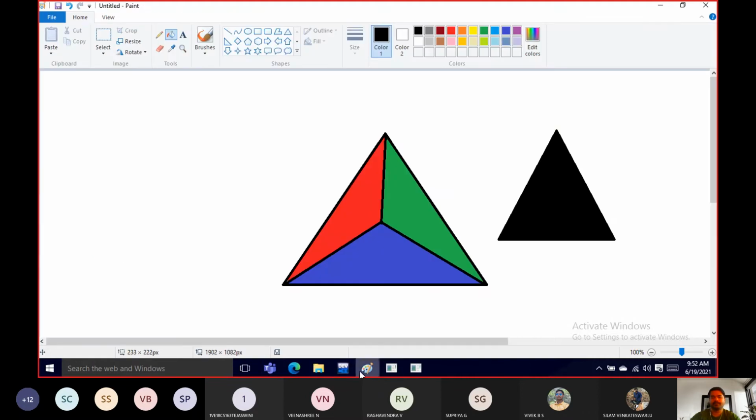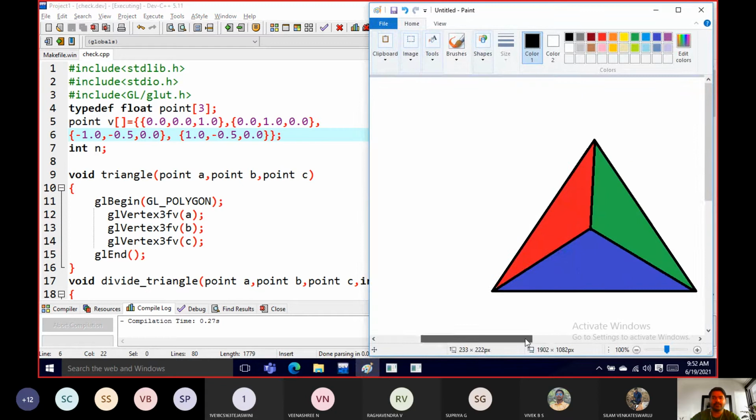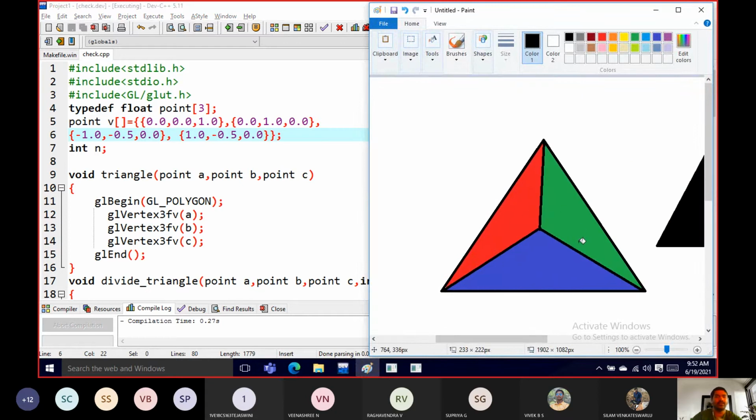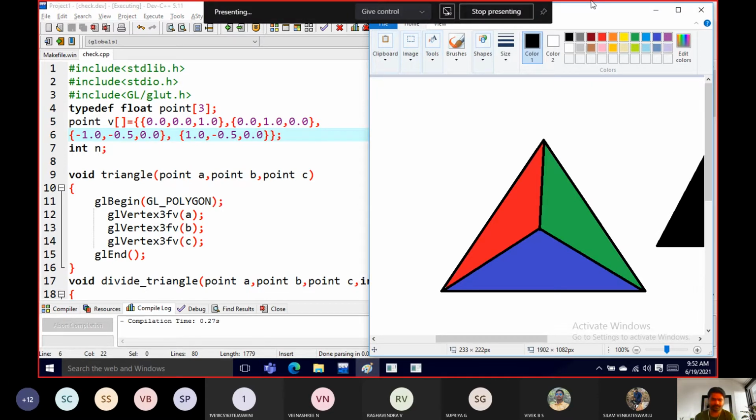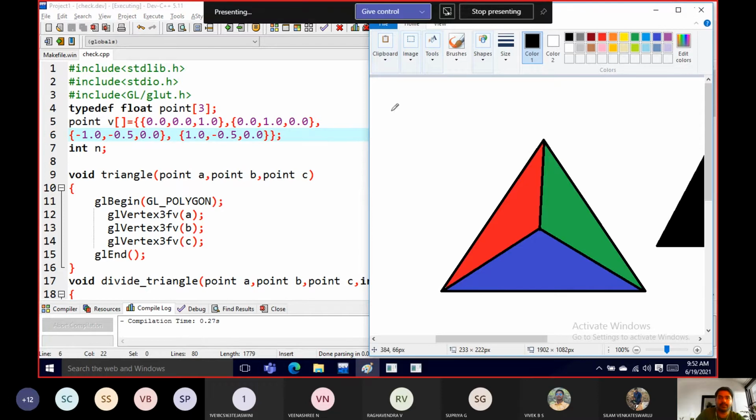This is important. Let us now understand how exactly we considered these 4 values. The reference point for the first one is 0, 0, 1. As you can see here, the first point is 0, 0, 1. For the second point, it is 0, 1, 0.